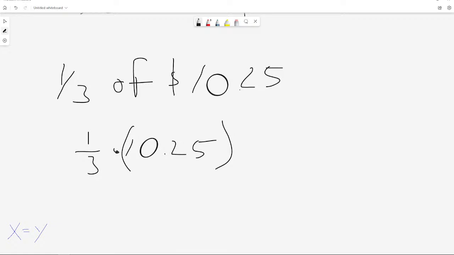So this can be rewritten as over 3. 1 times 1025 is 1025. Well, sorry, not over 3. That would be over 1. 3 times 1 is 3.